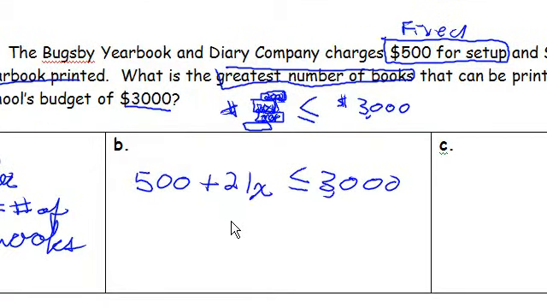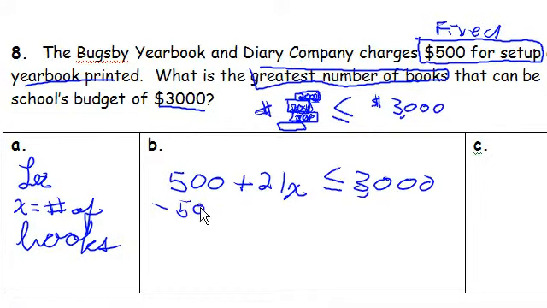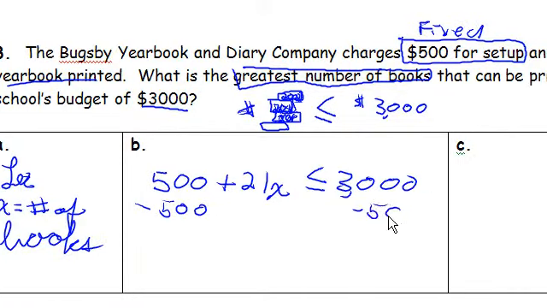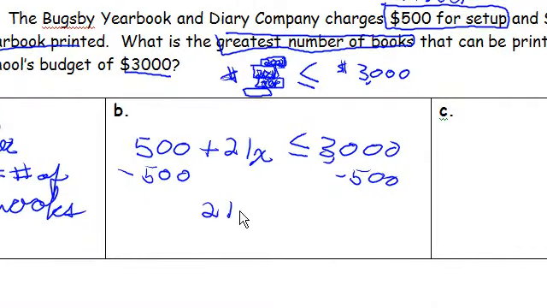So now let's solve for x and see what the greatest number of books is that we can print. We'll subtract 500 from each side. This leaves us with 21x less than or equal to 2,500. Divide each side by 21.